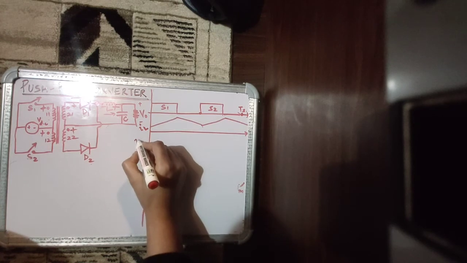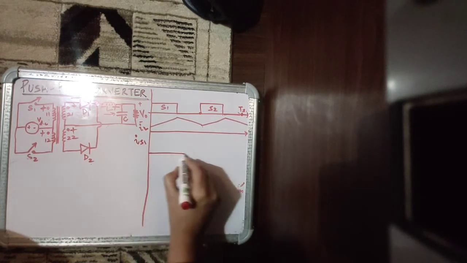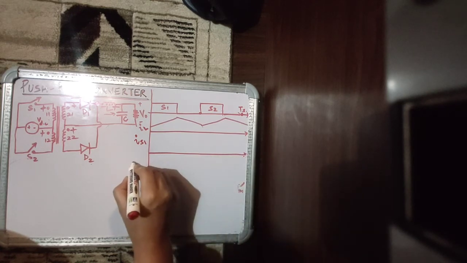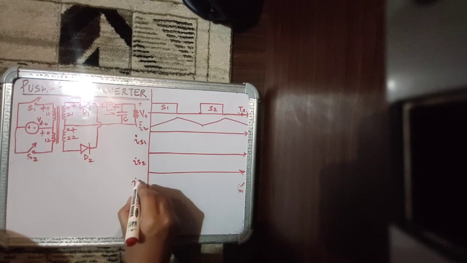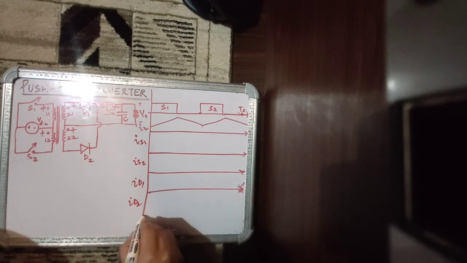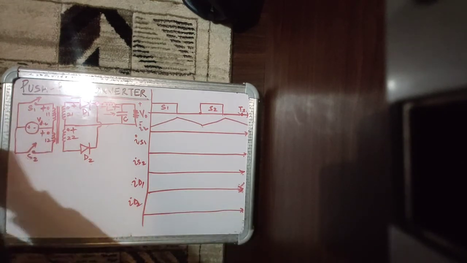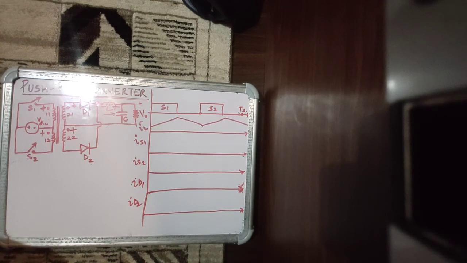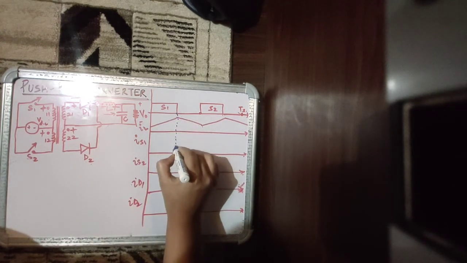Now let's do the current through S1 and the current through S2 and the current through diode D1 and the current through diode D2. So when S1 is conducting, what component of current is it carrying?